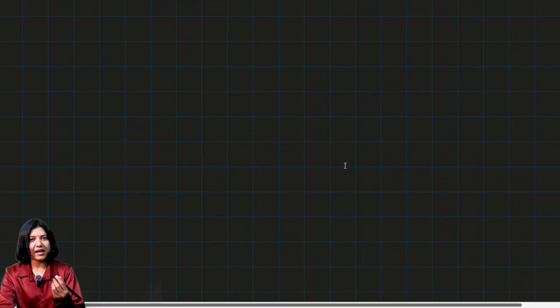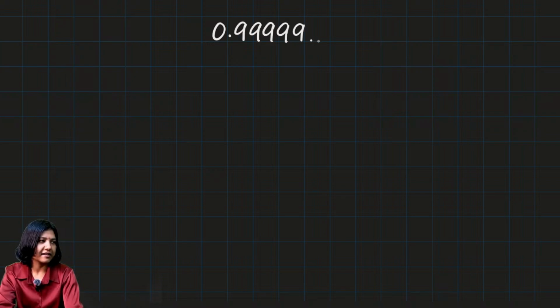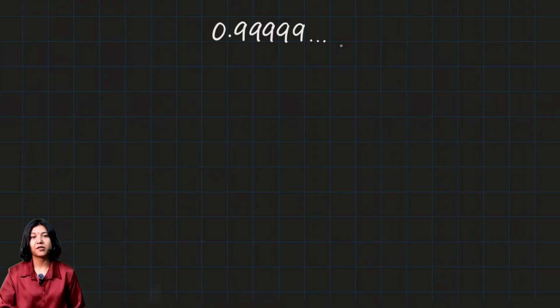So let's try with one of the interesting numbers that you must have seen. So like for example 0.999999 and so on. This is a question from your book, exercise 1.3, and I want you to understand how exactly can you convert a decimal like this into a fraction.